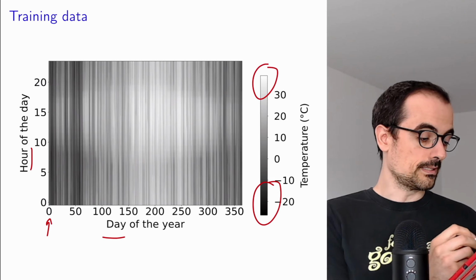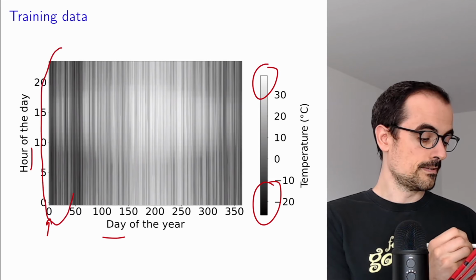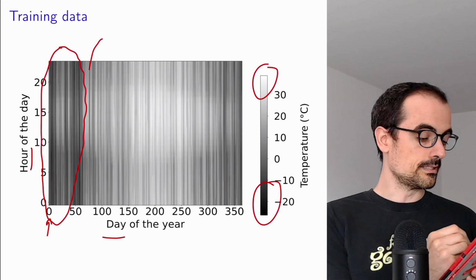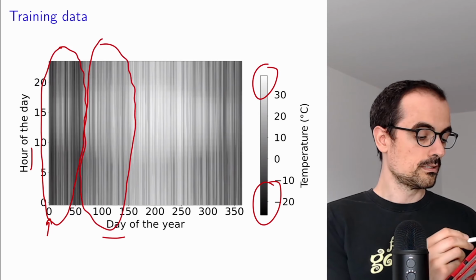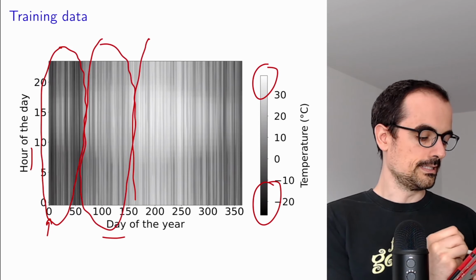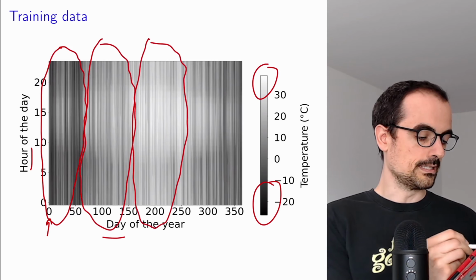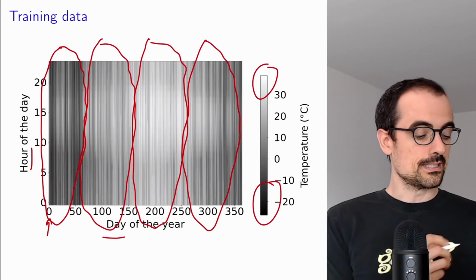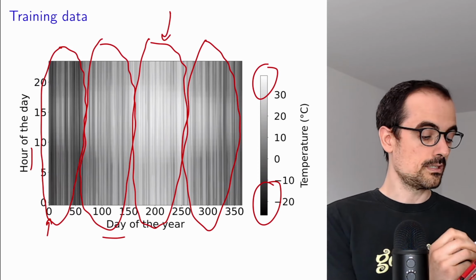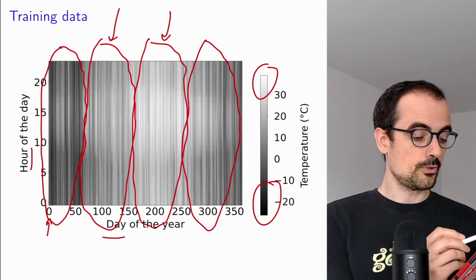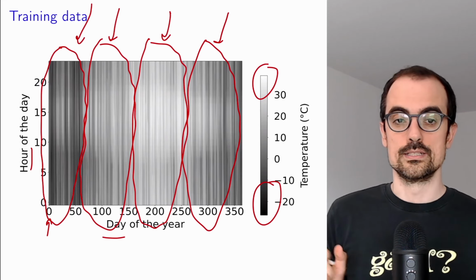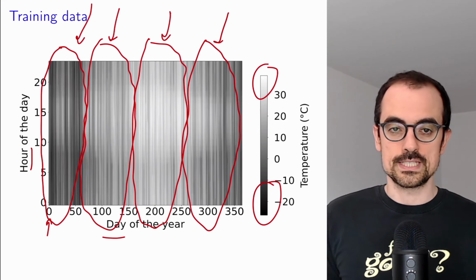So basically these days are the winter, then these days are the spring, approximately, these days are the summer, and these days are the fall, and maybe the beginning of the winter a little bit. And as you can see, it's warmer in the summer, a little less warm in the spring, less warm in fall, and the coldest season is the winter. So that makes a lot of sense.